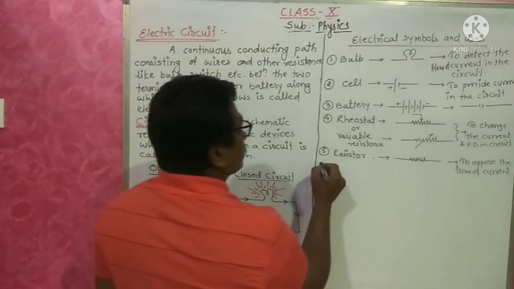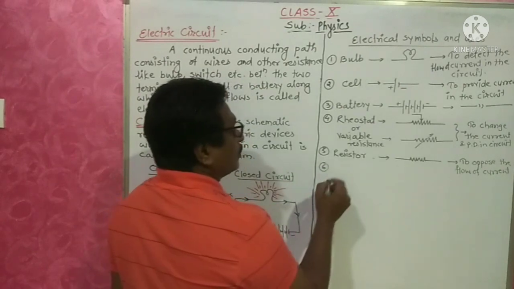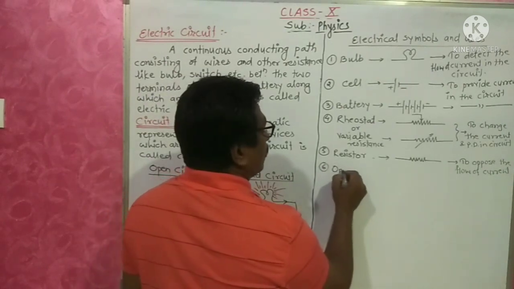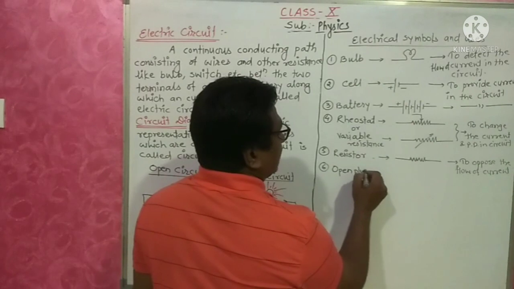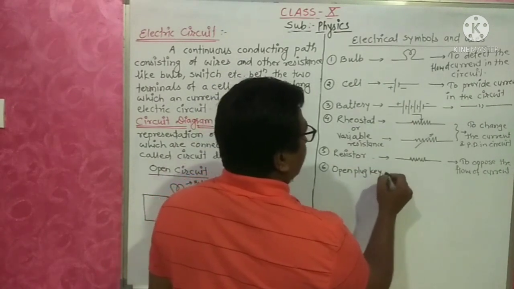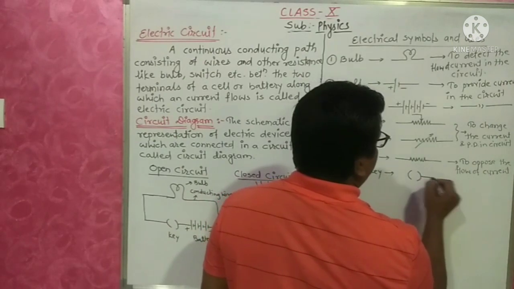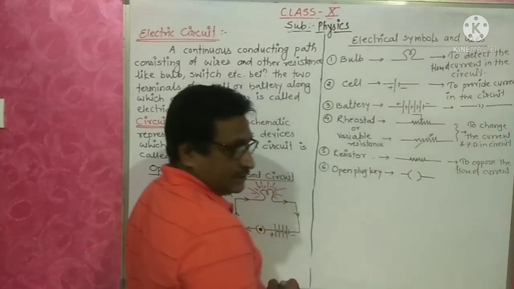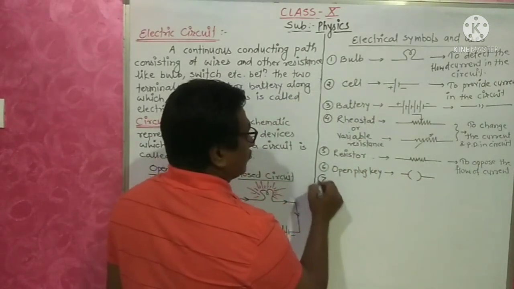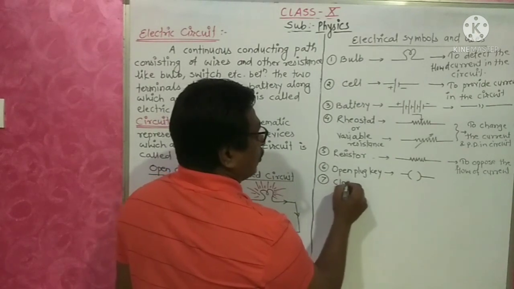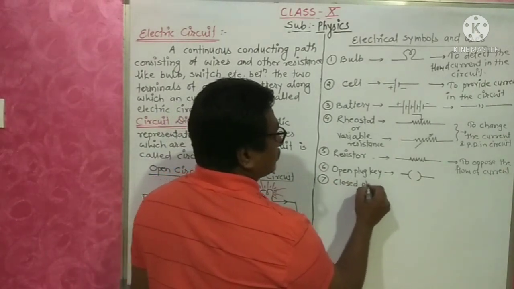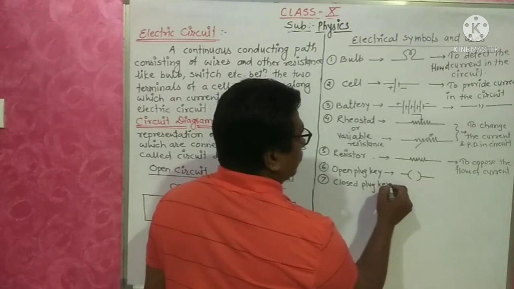Then number 6: open plug key. This is the open plug key. Close plug key.